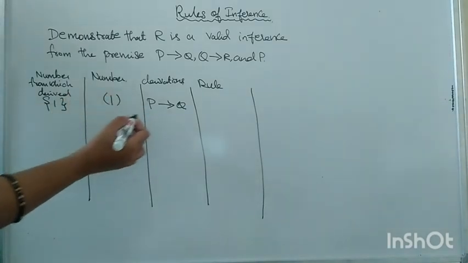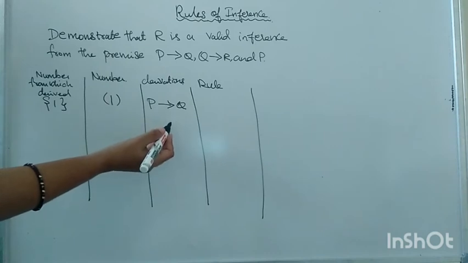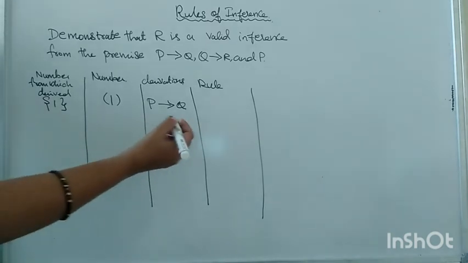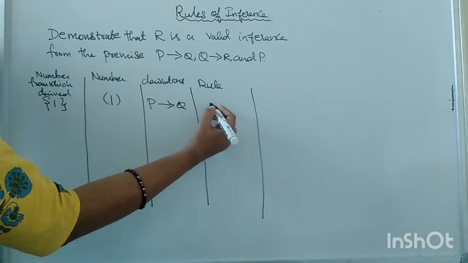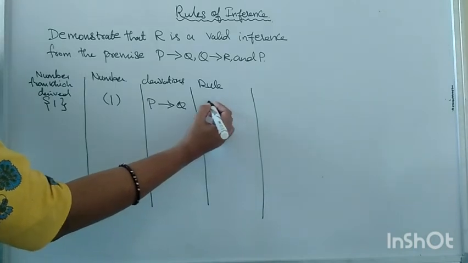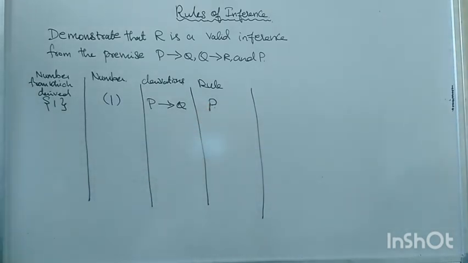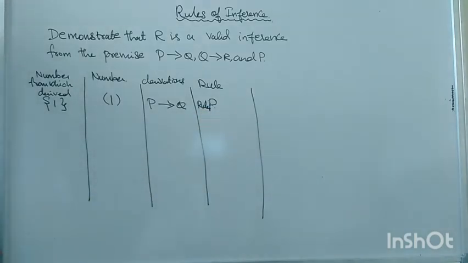Next, based on which rule am I writing this? We have two rules, one is P and the next one is T. A premise may be introduced at any point in the derivations. So based on that rule, I have introduced this one. I can write it as based on the rule P.